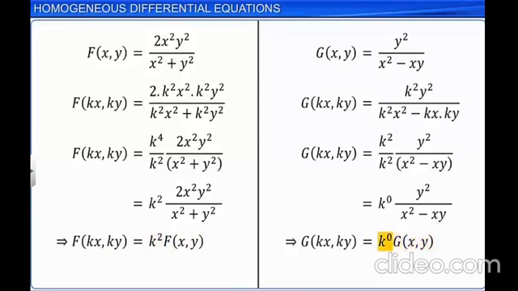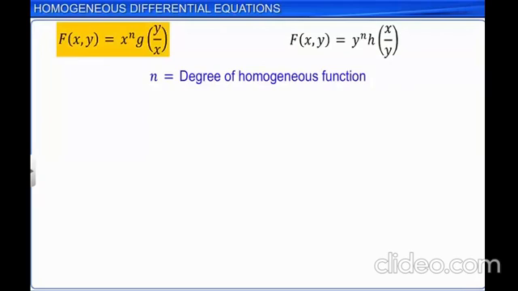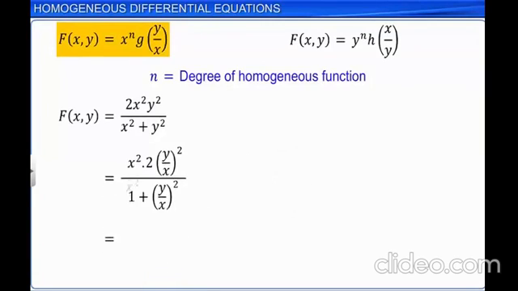degree 0. Any homogeneous function can be expressed as shown. Here, n is the degree of the homogeneous function. For example, if we consider the first function, we can represent it as shown. We can say that this is a homogeneous function of degree 2.